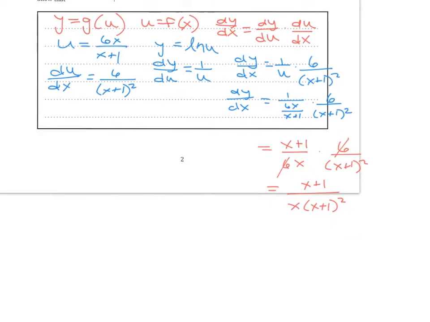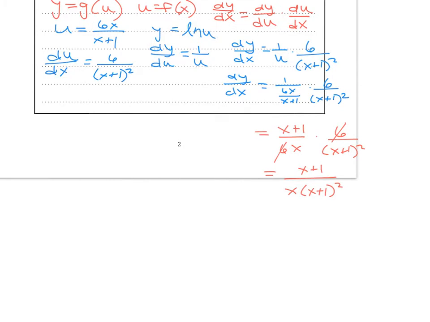And hopefully we can recognize that x plus 1 squared would be the same as x plus 1 times x plus 1. The reason that helps us is that one of those will now cancel. And when you divide that, it equals 1. And so that leaves us with this as our derivative.